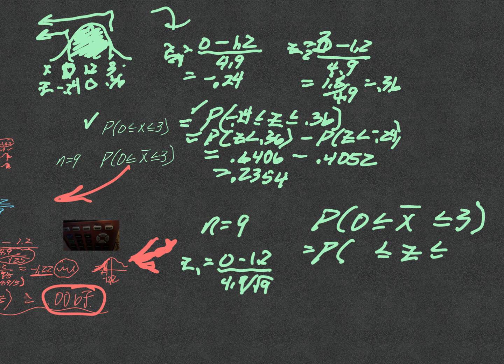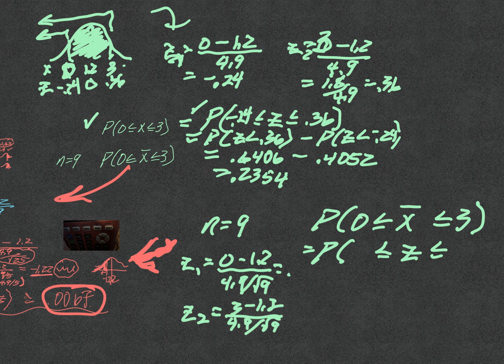And then z2 will be 3 minus 1.2 divided by the standard error, 4.9 divided by the square root of 9. Since it's a sample mean, now we convert it to the z's, and now we need to calculate those. So it'll be negative 1.2 divided by 4.9 divided by the square root of 9, which is 3.